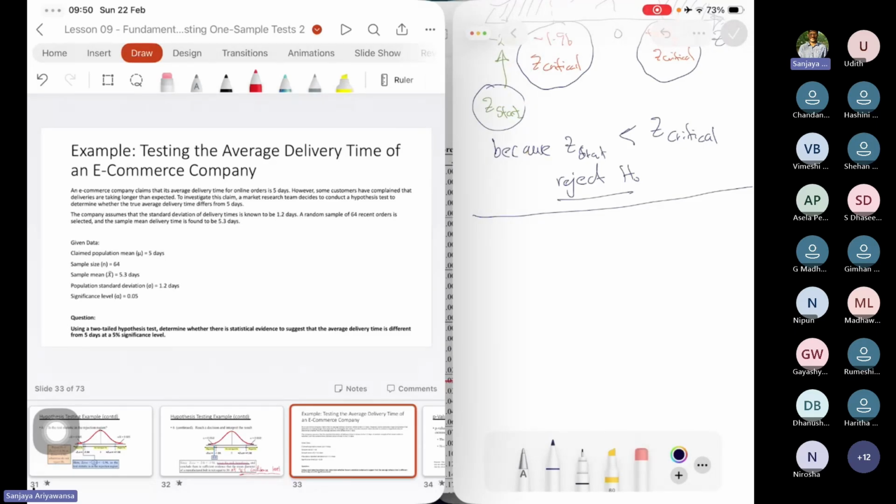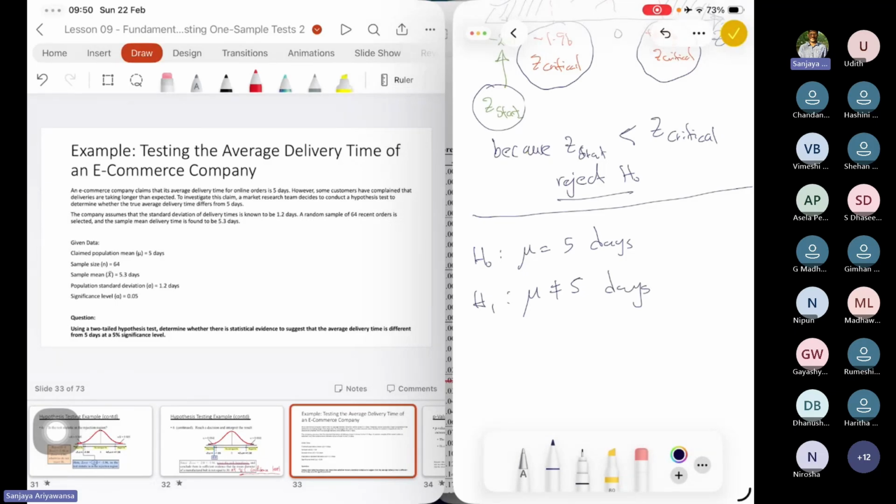Okay, what is it saying? It's saying an e-commerce company claims that its average delivery time for online orders is 5 days. Okay, so average delivery time, let's call it mu, 5 days. That's the claim. So alternative hypothesis is it's not equal to 5 days.